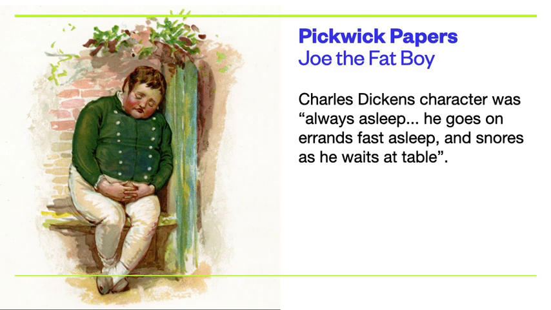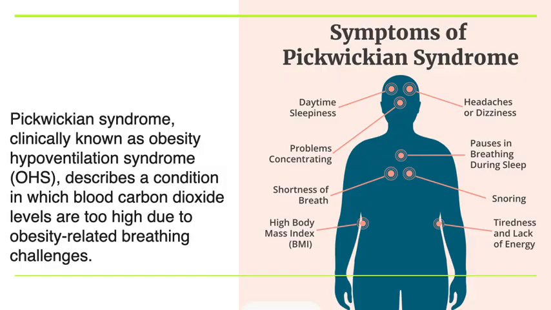Charles Dickens actually opened up something to the physicians of his day, and they called it the Pickwickian syndrome, where it is clinically known as obesity hypoventilation syndrome, that is characterized by blood carbon dioxide levels being too high due to obesity breathing challenges.